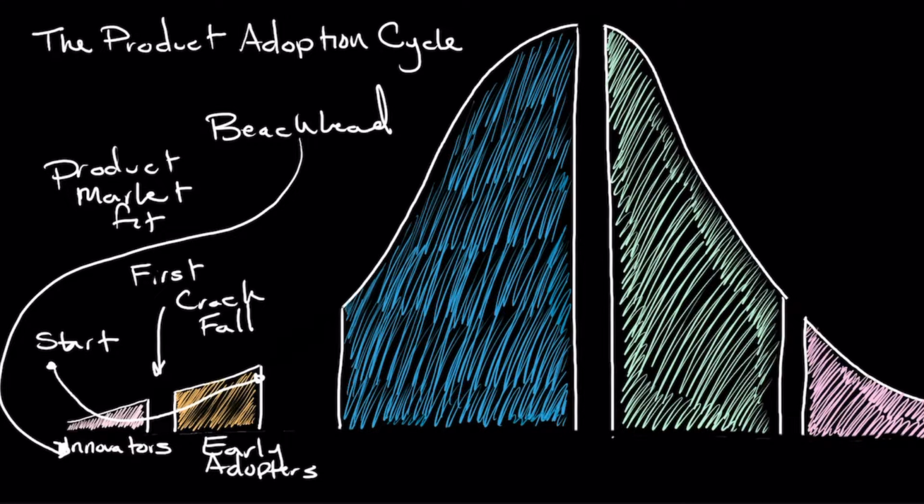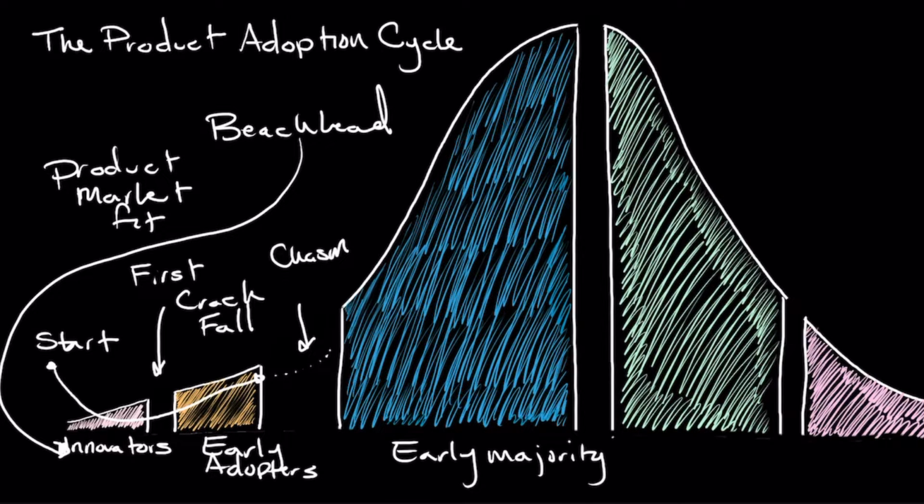Now, going back to the product adoption cycle, this here is what we call the chasm. In Geoffrey Moore's book, he talks a lot about crossing the chasm, which is the divide between the early adopters and the early majority.